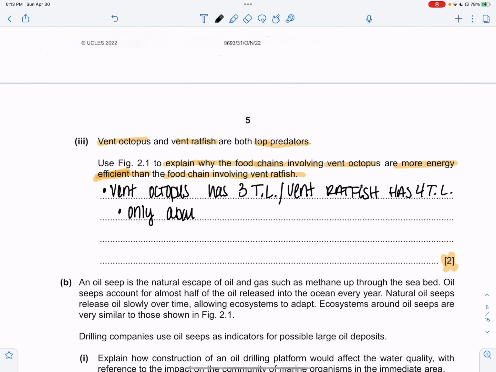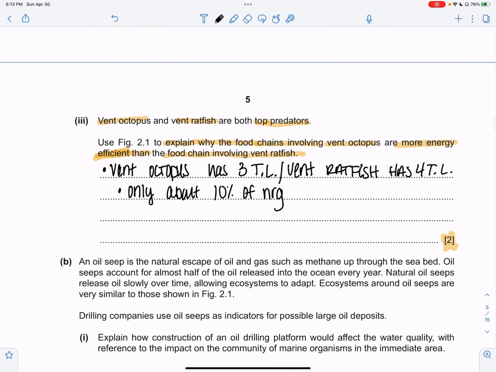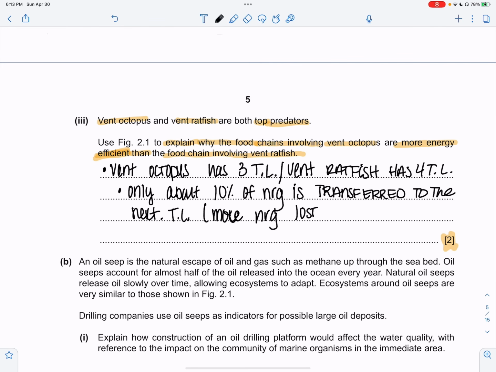Only about 10% of energy is transferred to the next trophic level, where we can say that there's more energy lost with the ratfish for that same reason.